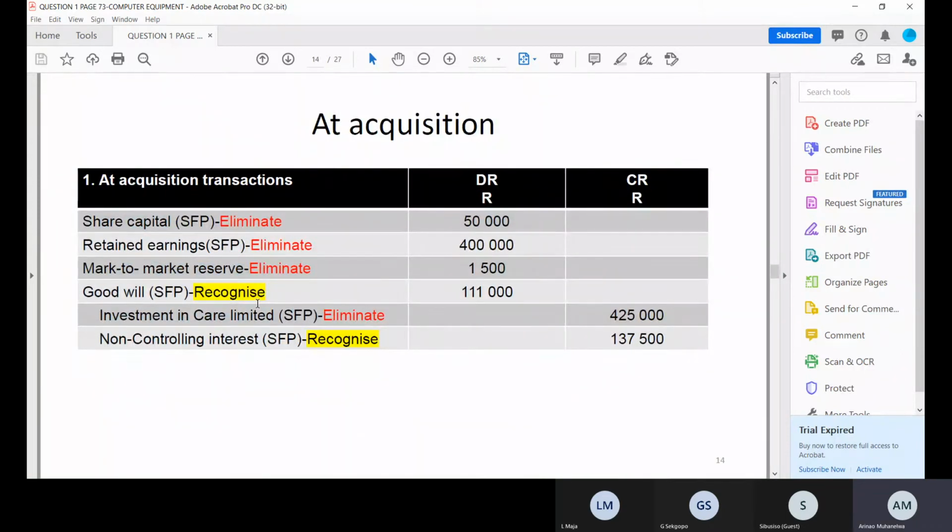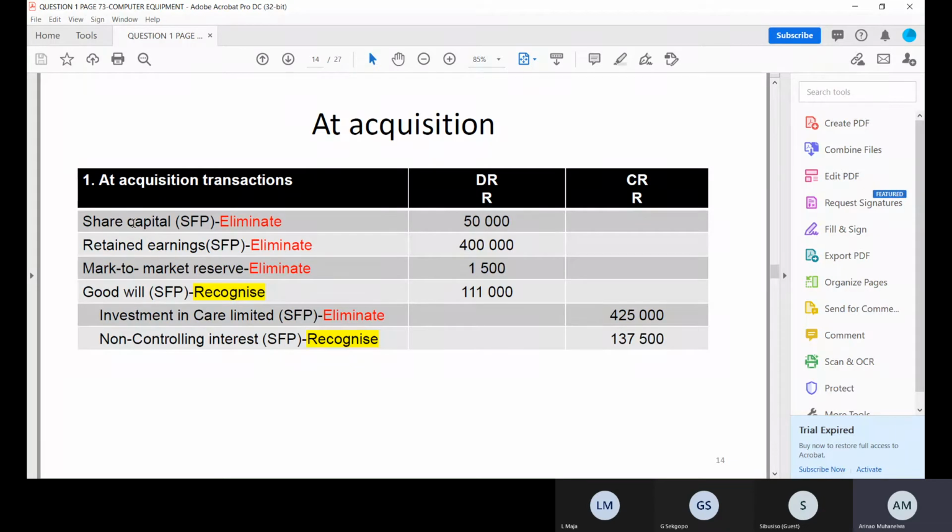In the class example, the equity part of the subsidiary was given: share capital, 50,000; retained earnings, 400,000; mark-to-market reserve, 1.5. When I read my consolidation process, they said these must be eliminated. Whatever I put in red, I did just for the sake of explanation. When you write them, you don't need to indicate that, but these are eliminated.